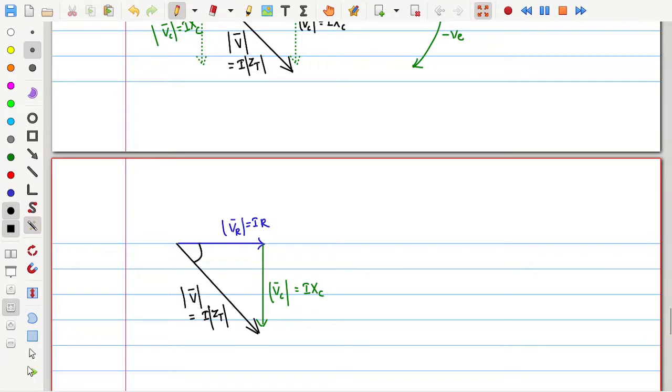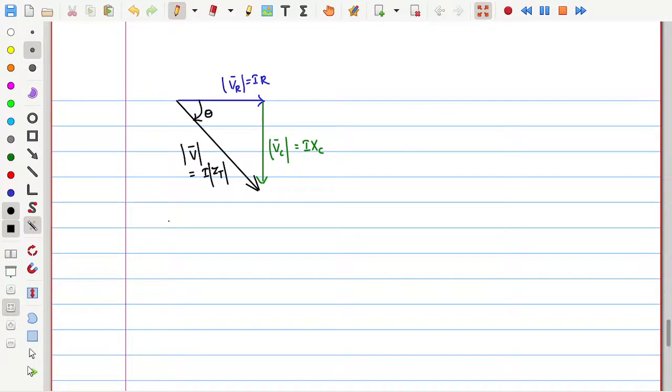The angle made by this is theta. This we call the voltage triangle for a capacitor.